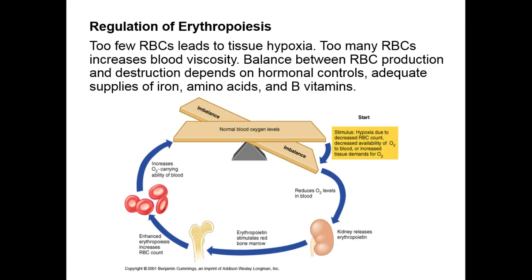So understand that this happens to all of us normally in red blood cell production. But if for some reason our tissues aren't getting enough oxygen, the big tissue that likes oxygen is the brain, and the big tissue that likes oxygen is the heart.